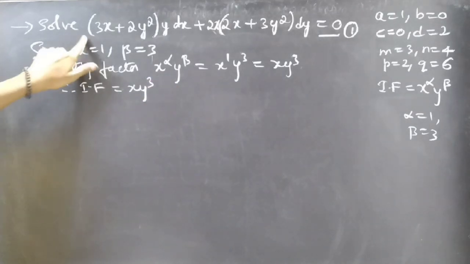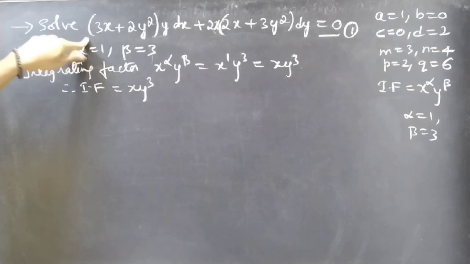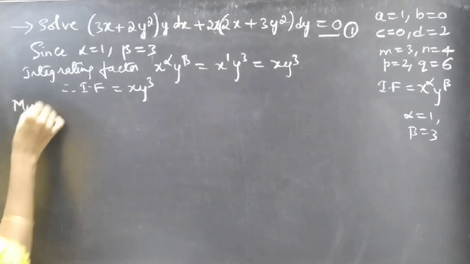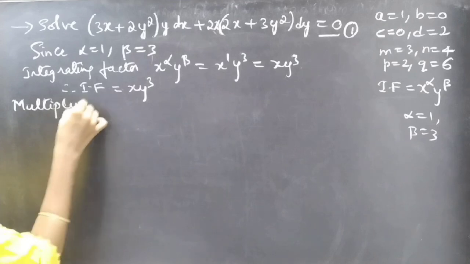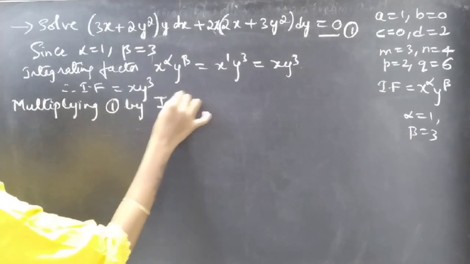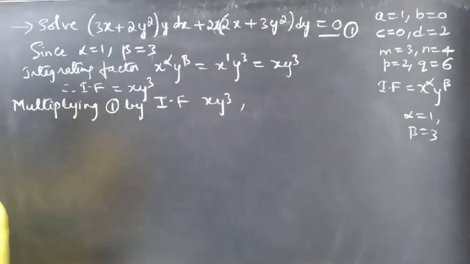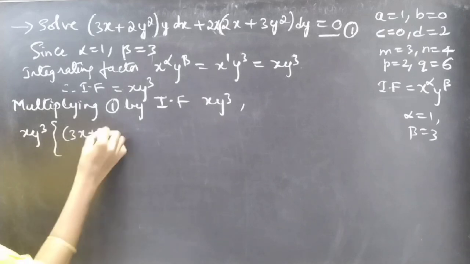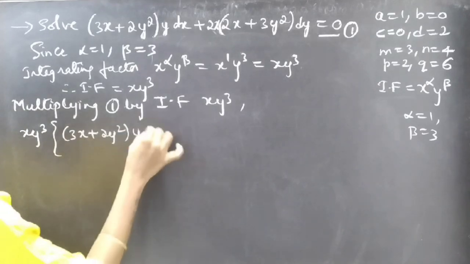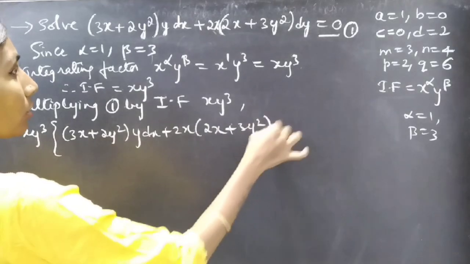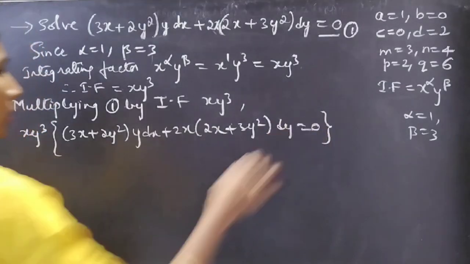Now, equation 1 is reduced to an exact equation by multiplying it with xy cube. So let's multiply xy cube to equation 1. Multiplying 1 by integrating factor xy cube: 3x 2y square into ydx plus 2x into 2x plus 3y square into dy equal to 0.